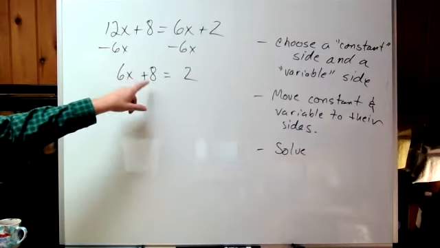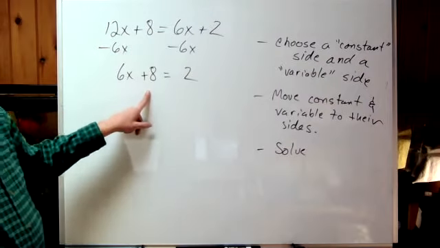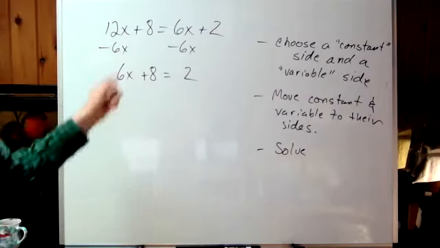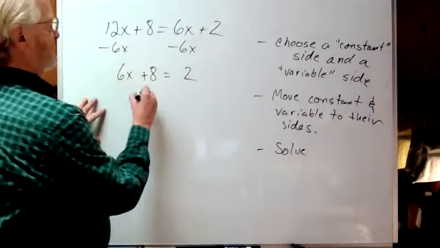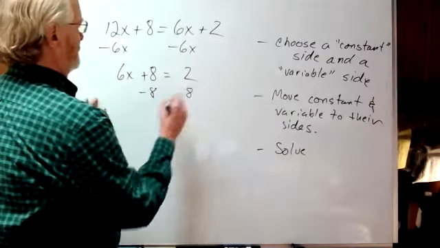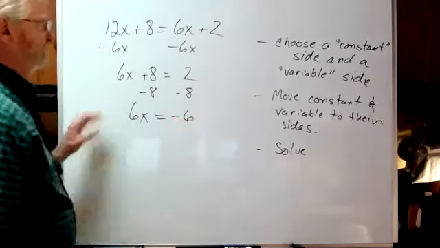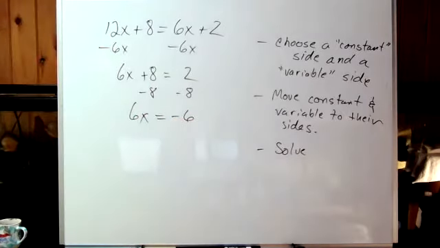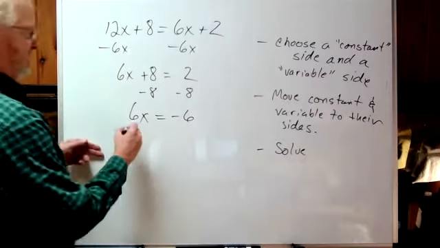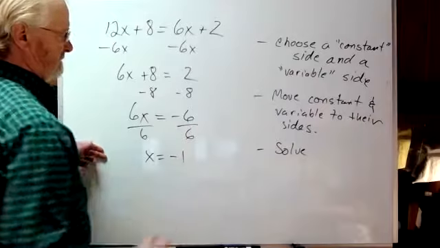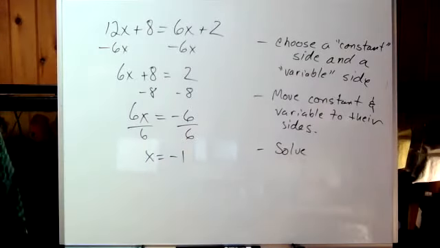Now I'm going to move this constant term, remove it from this side by subtracting it from both sides. Real tricky numbers there. Divide by 6. So there was our, move them around because they've got them on both sides kind of problem.